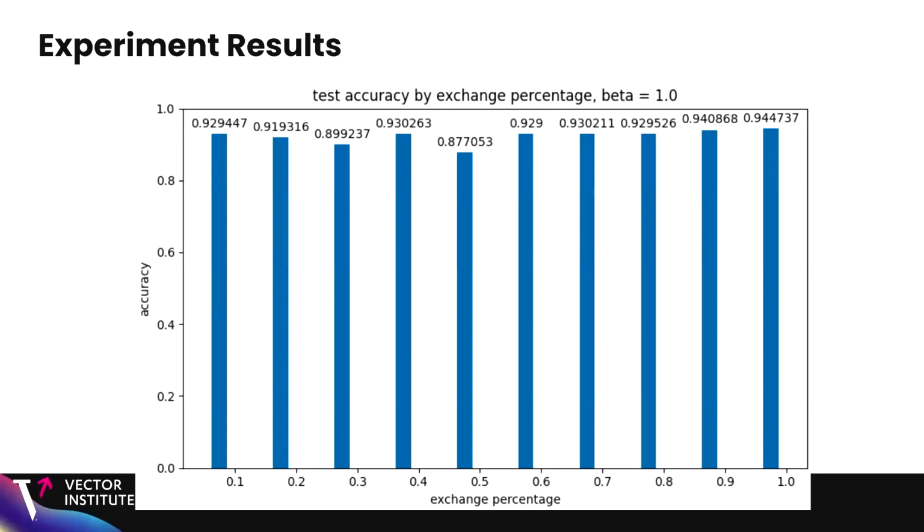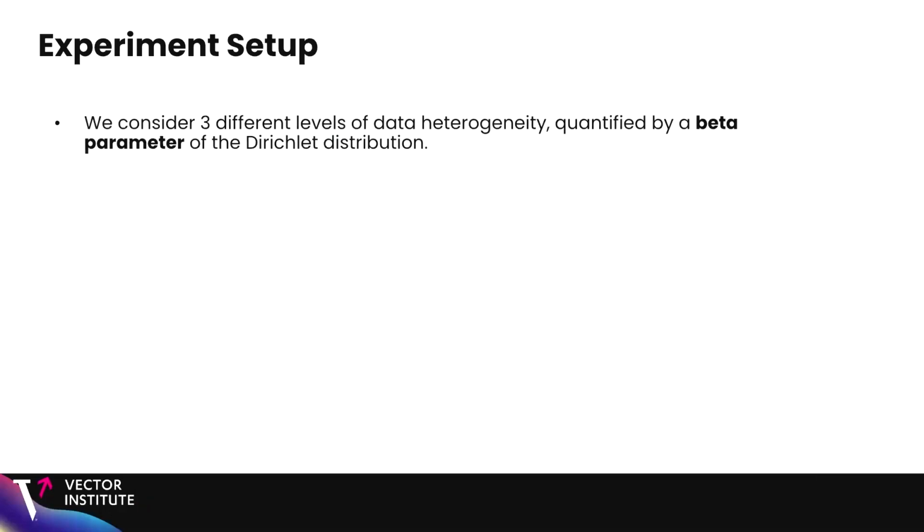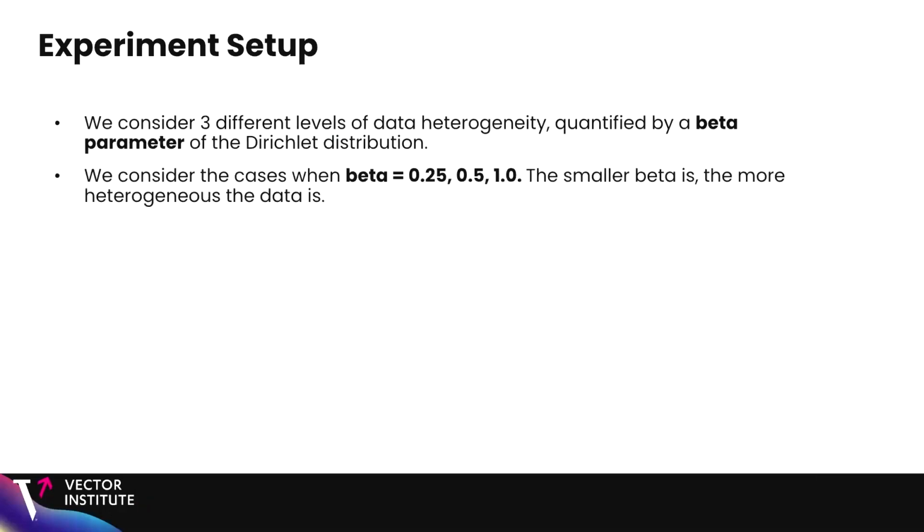So, the thing is that our way of measuring heterogeneity is really based on labels, right? The way we measure heterogeneity is to see how imbalanced the data set is.